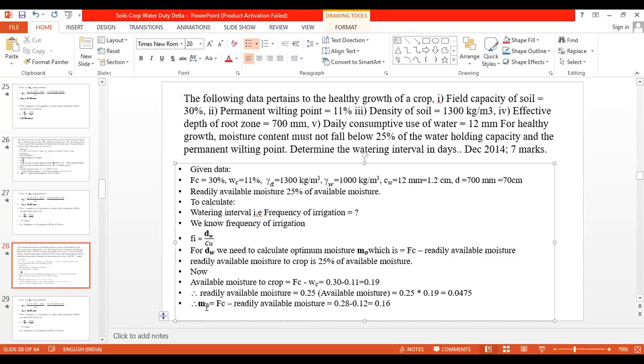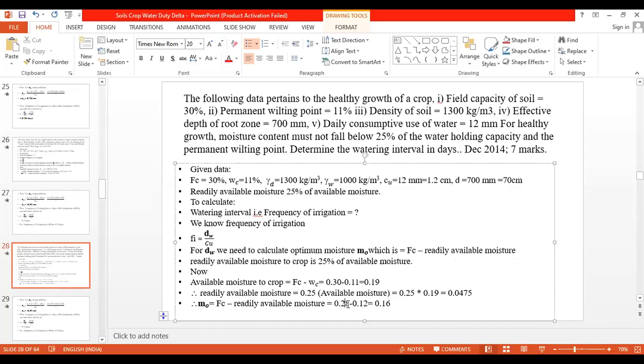So the optimum moisture content will be the field capacity minus readily available moisture, meaning the lower limit of the field capacity, which we are going to calculate here. Okay, we will check what the answer is. Optimum moisture content is equal to field capacity minus readily available moisture.